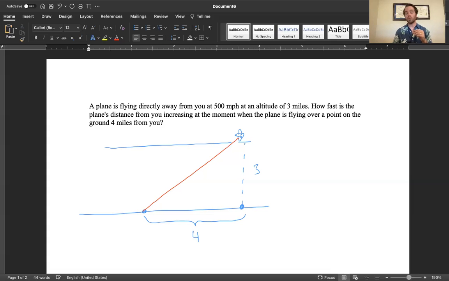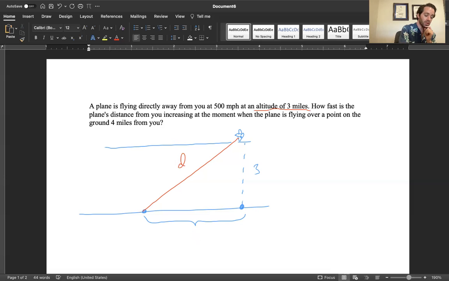So this distance right here, how that is increasing at the moment when it's 4 miles from you. Remember, when you solve a related rate problem, you have to write a static relationship, and then you take a derivative so that you get some primes that pop up. So let's look at this. Its distance from you will be related by these quantities. The 3 is always 3 because the plane is flying at an altitude of 3 miles.